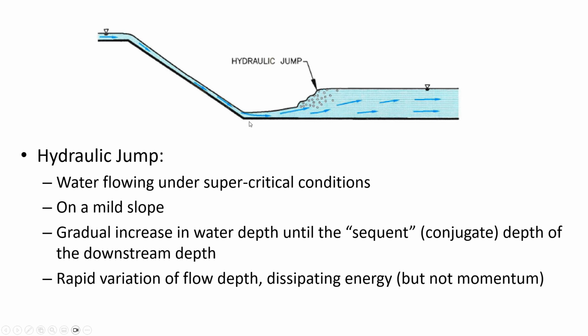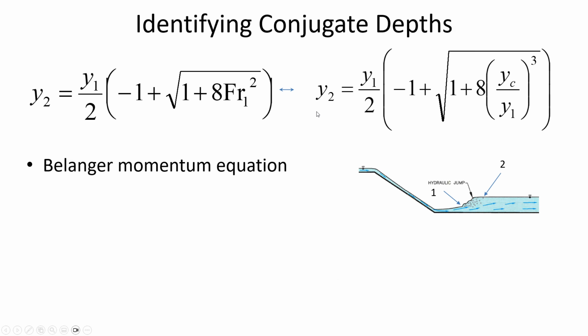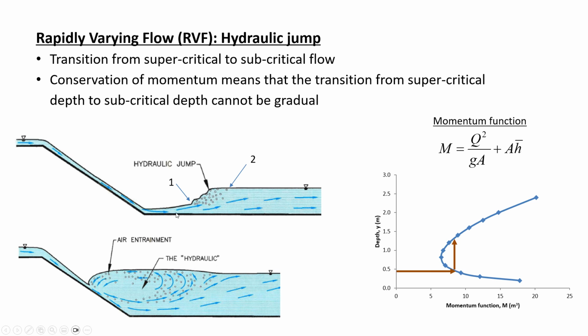So there's a mild slope that's forcing the hydraulic jump. And by the way, the hydraulic jump isn't always extremely visible like this. This figure is showing that sometimes the hydraulic jump could be drowned. This is an illustration where the hydraulic jump is still there, but there's some feature downstream that is causing the water downstream to pool.